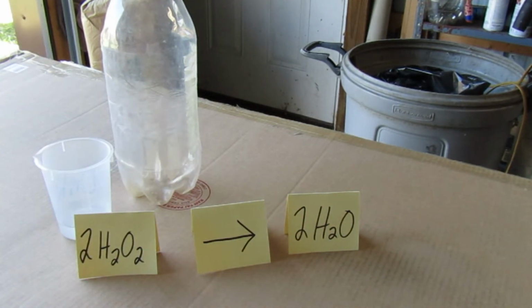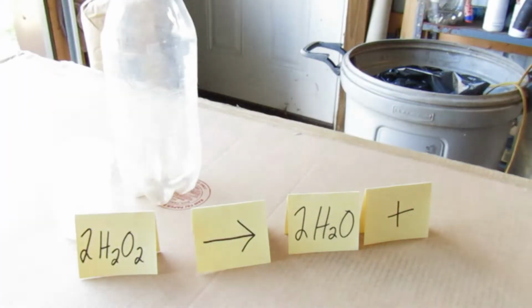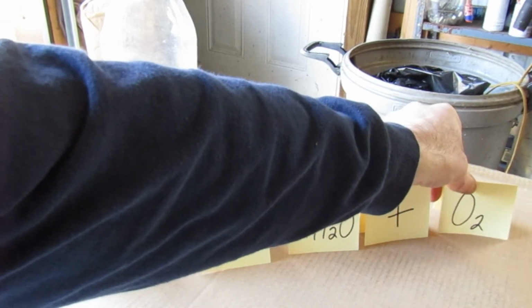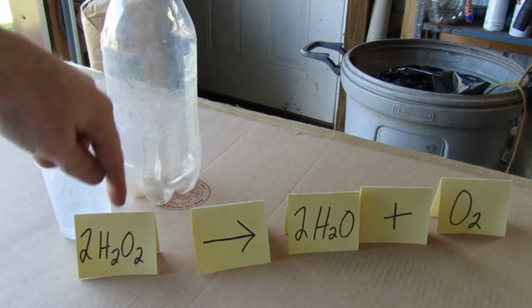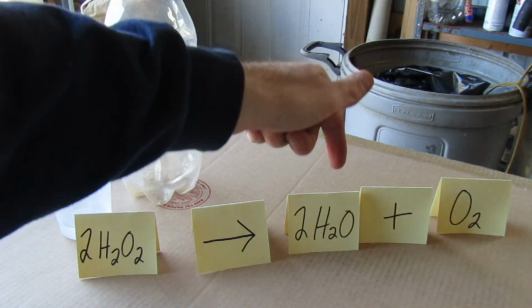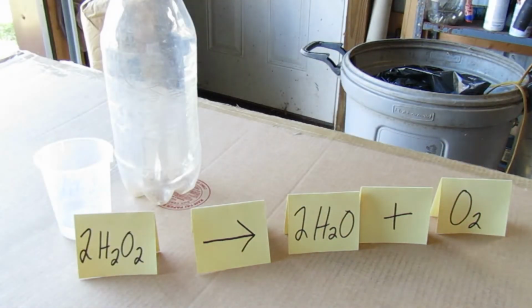And after this reaction, we're going to have water. And additionally, we're also going to have another product, which is basically going to be oxygen gas. So I'm going to put that there. So as we summarize this all up, hydrogen peroxide will undergo a chemical change, and we will create pure water, and aside from that, oxygen gas.